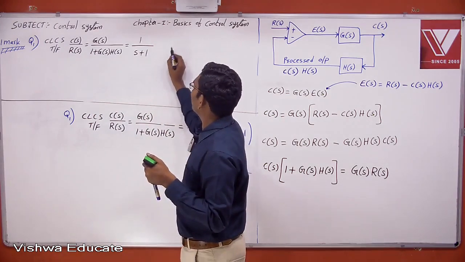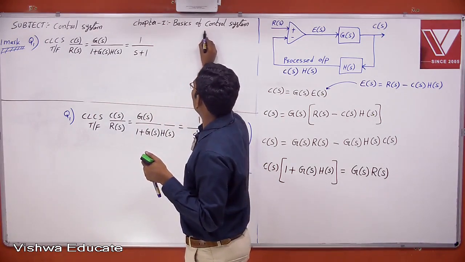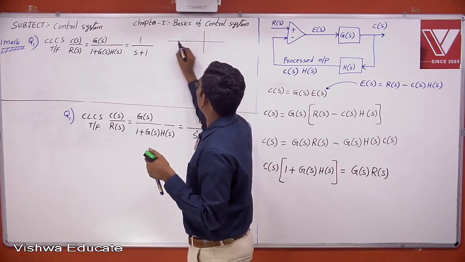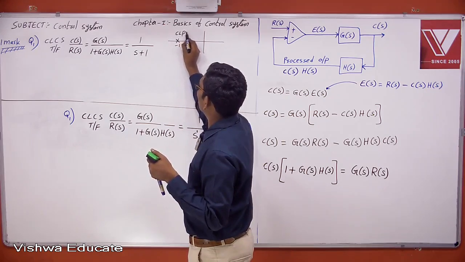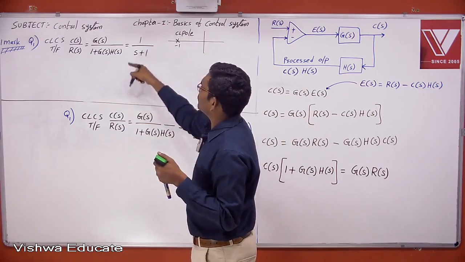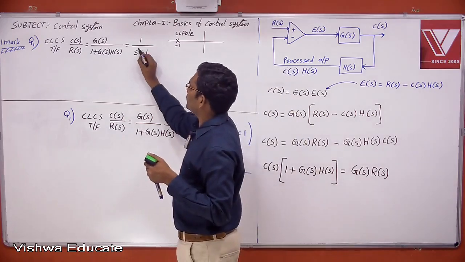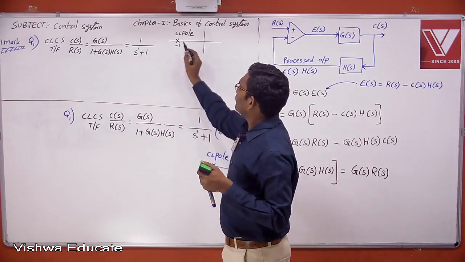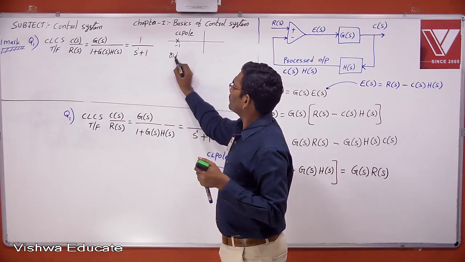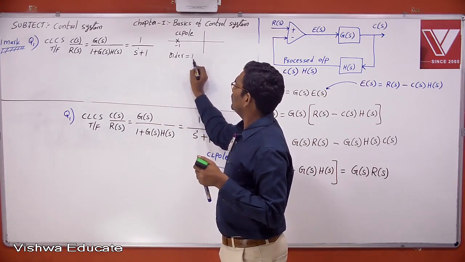The closed loop pole is S plus 1 equal to 0, S equal to minus 1. The highest power in the characteristic equation is 1. Therefore, there is one closed loop pole, therefore order is equal to 1.